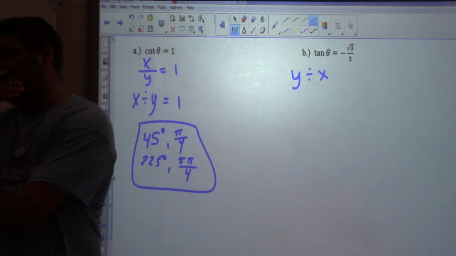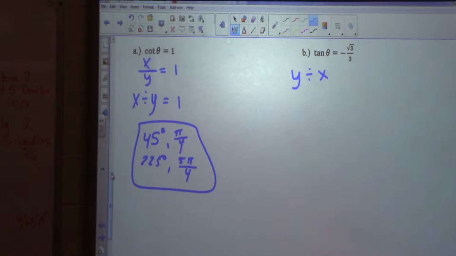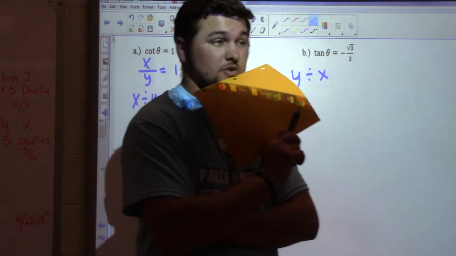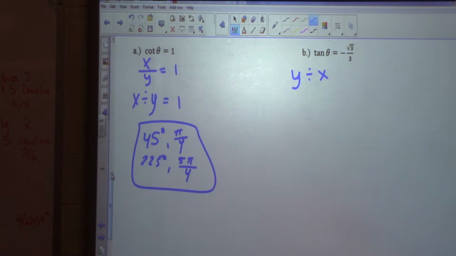Now, if we look, negative square root of 3 over 3. Is there anywhere on our unit circle? We have places where we have square root of 3 in our numerator, right? On our unit circle. Is there anywhere you have a 3 in your denominator? No. So what that tells me is I know we had to rationalize at some point. Right? So at some point in this problem, I had square root of 3 in my denominator, and I had to rationalize.